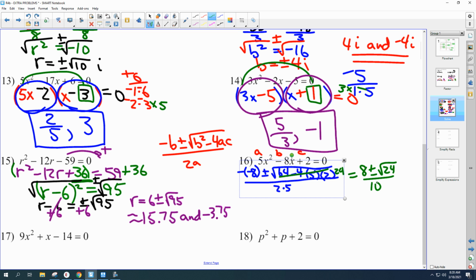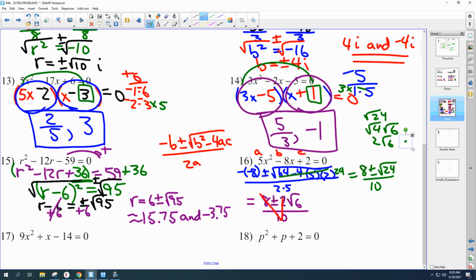The square root of 24, we can simplify that because we know square root of 24 has a 4 in it. Square root of 4 is 2. So square root of 24 simplifies to 2 radical 6. So we have 8 plus or minus 2 radical 6 all over 10. And we can cancel. I call it b canceling, but you'd have to be able to cancel all 3 of those numbers.